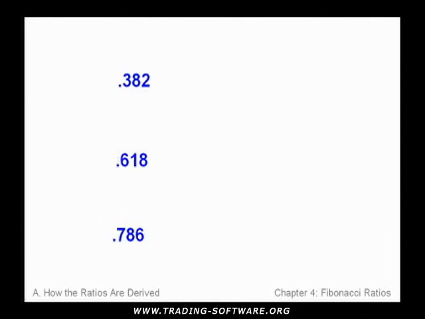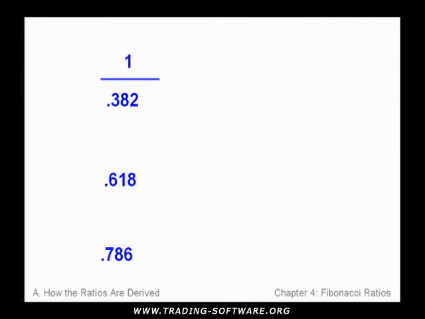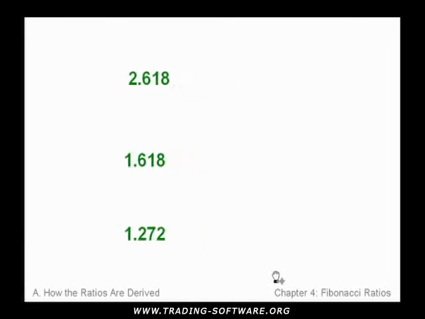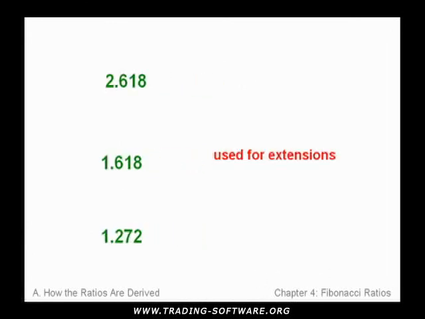These three ratios are primarily used for retracements. When you take the inverse of these three ratios, you get 3 more ratios. These are used for extensions.